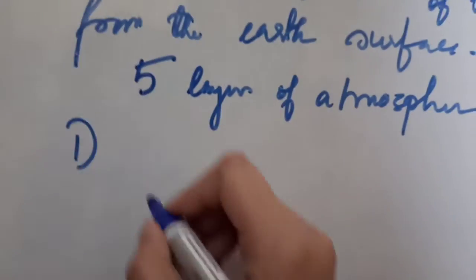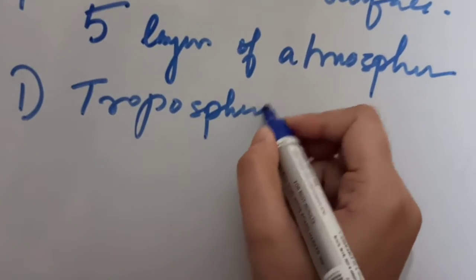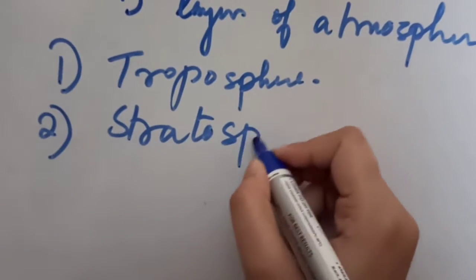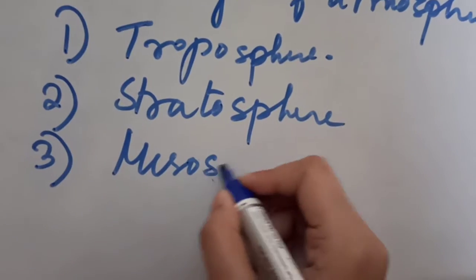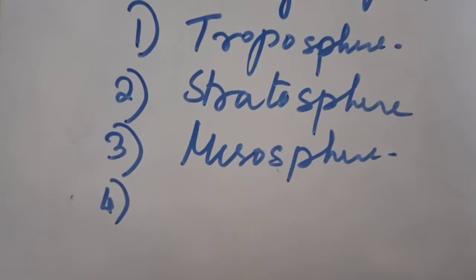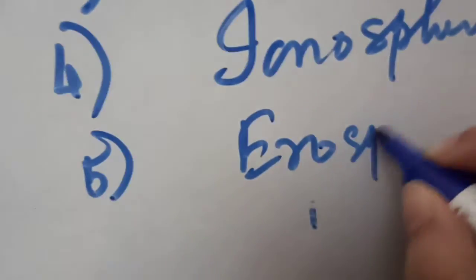Number 1 is the troposphere, then we have the stratosphere, then the mesosphere, then the ionosphere or the thermosphere, and the last one is the exosphere.